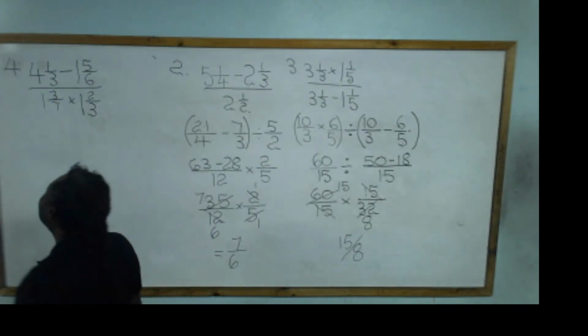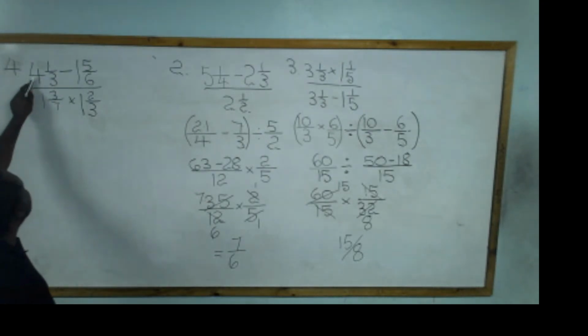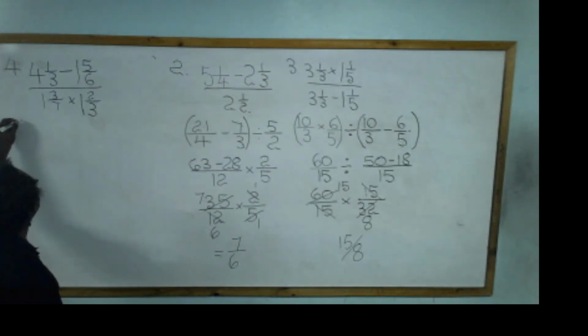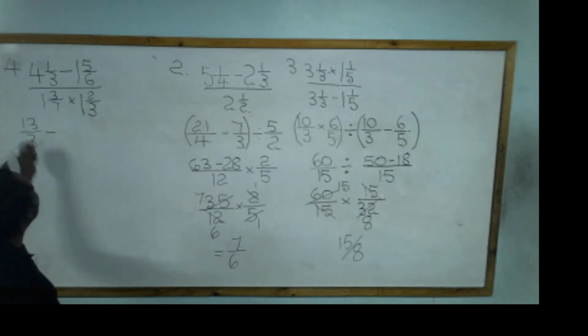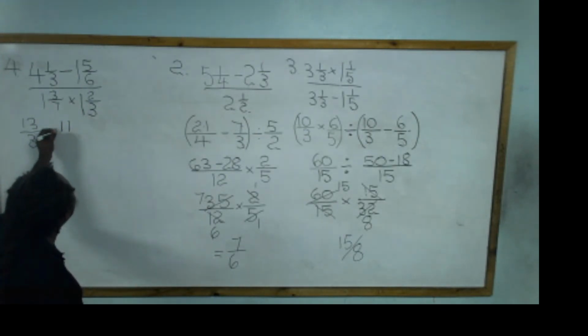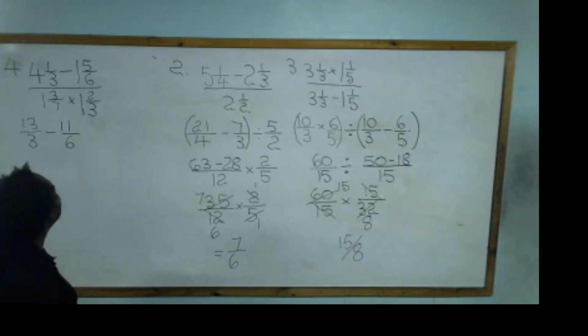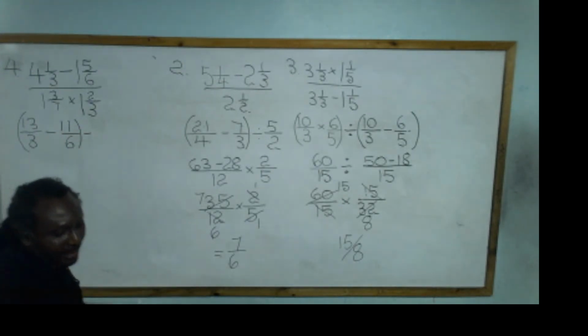Let's continue. So, improper fraction time, students. 3 fours are 12 plus 1, 13 over 3. Now, when I'm solving problems, I do not like to see the prime numbers. But let's continue. Minus 6 times 1 is 6 plus 5, here's another one, 11 over 6. And then we're going to divide that by, I think that I'm writing too wide on the board.